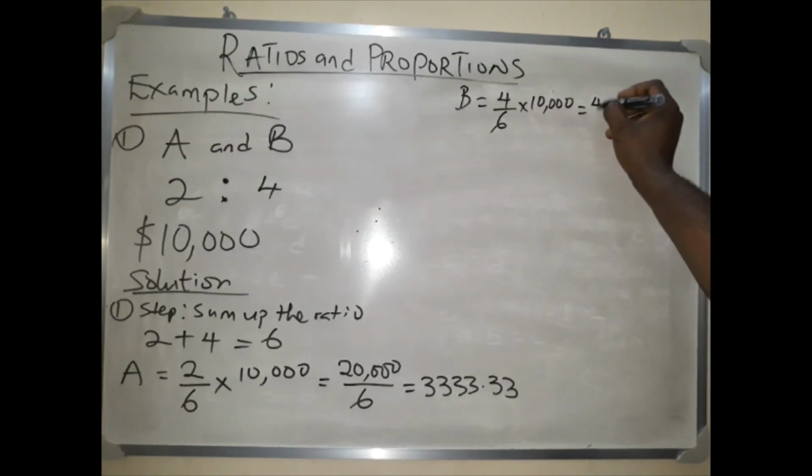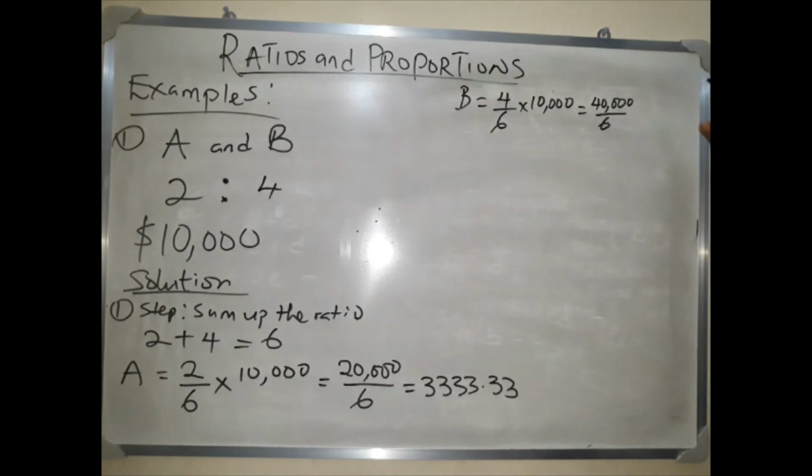That gives us 40,000 divided by 6, and when you divide that, it gives us about $6,666.67.